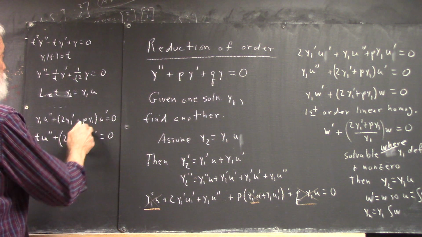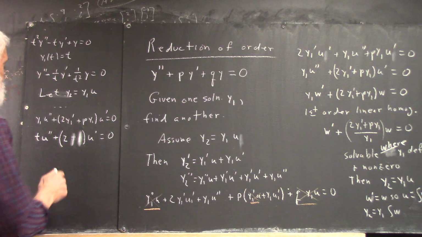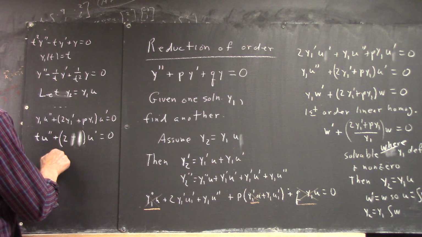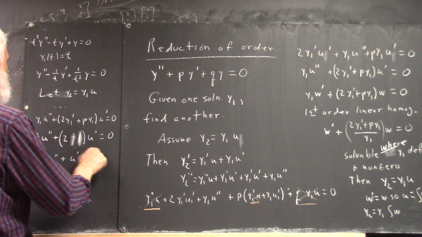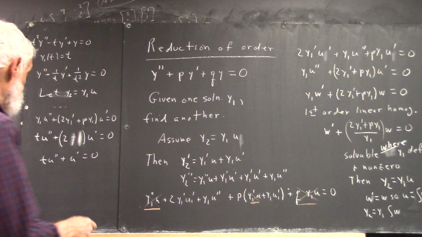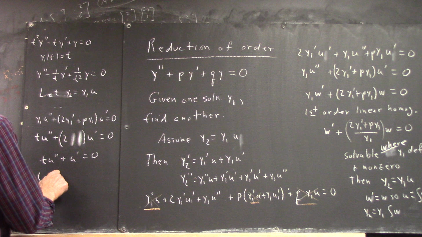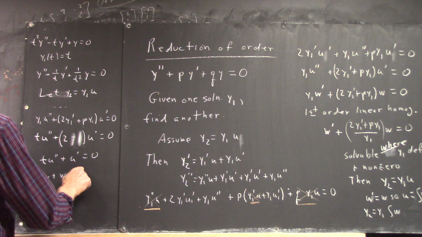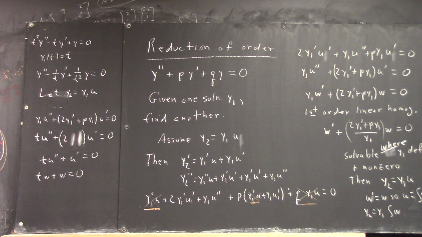Again, p y1 is t times negative 1 over t, which is negative 1, right? So you have t u double prime plus u prime equals 0. You make your change of variable. Your book uses v, I use w. You get t w prime plus w equals 0, easily separable or first order homogeneous, right?